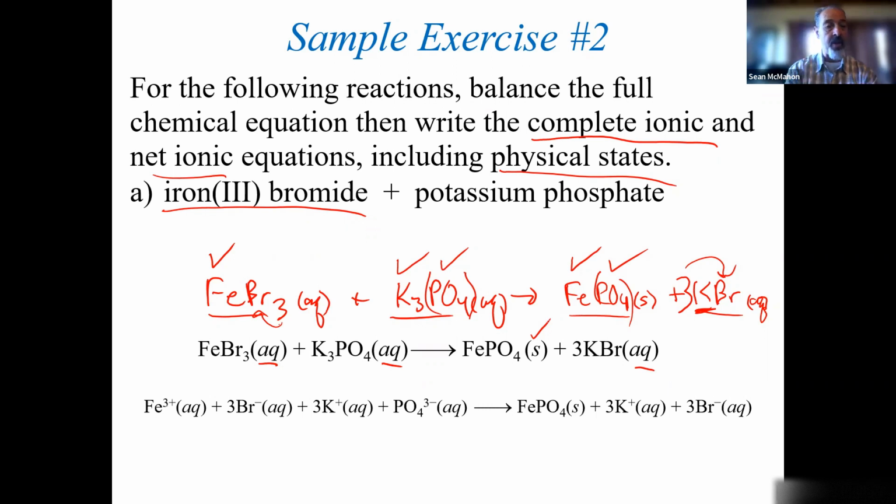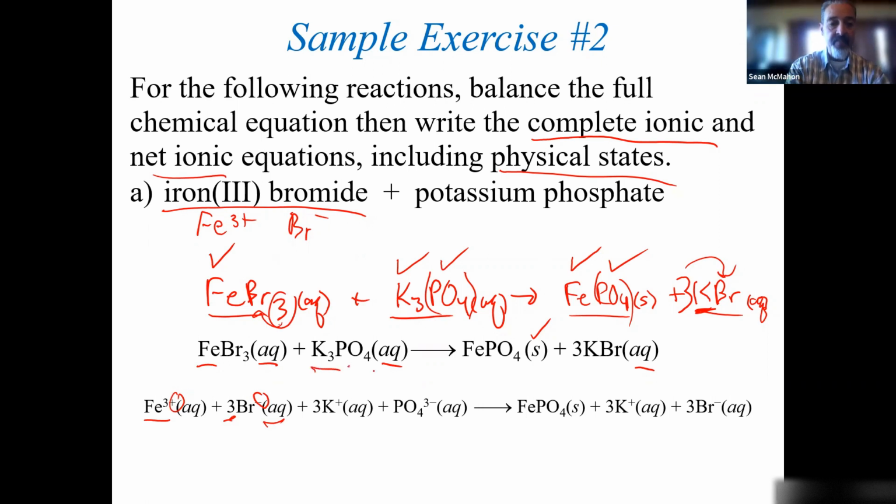So my total ionic, iron 3, remember in the beginning, that's how I figured out the formula. Bromide, it's Br-, but I need 3 of them to make it neutral. So you need the correct coefficients and the correct charges, and you have to have the correct phase. So there's quite a bit going on here.